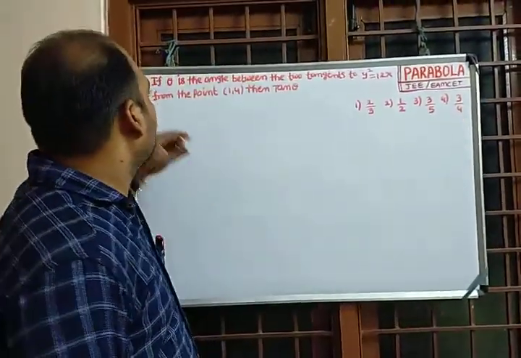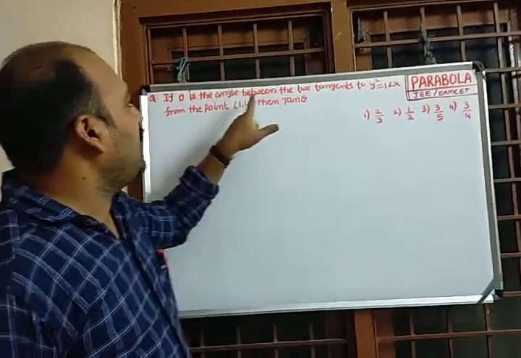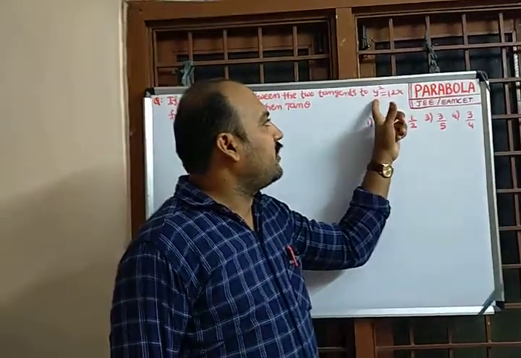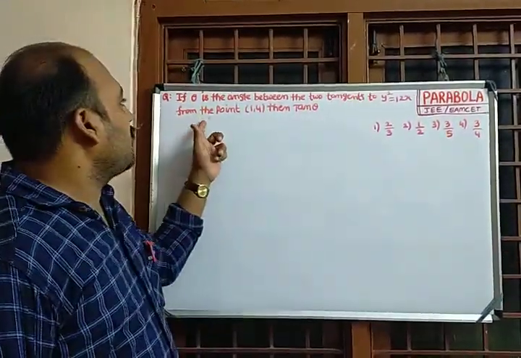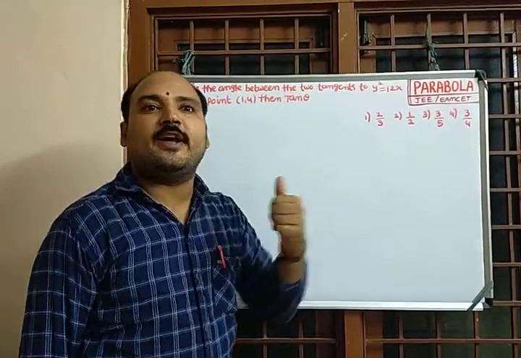Next question. If theta is the angle between the two tangents to the parabola y square equal to 12x from the point 1, 4, then tan theta equal to?